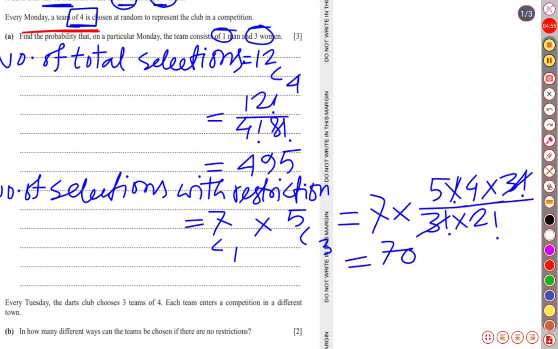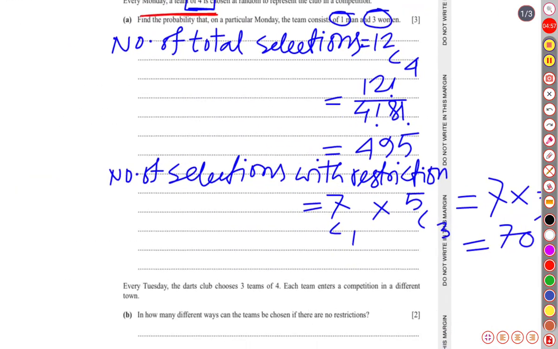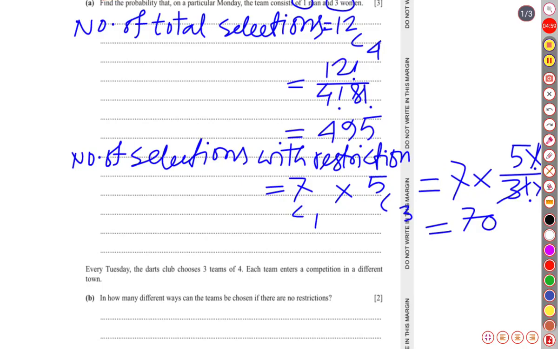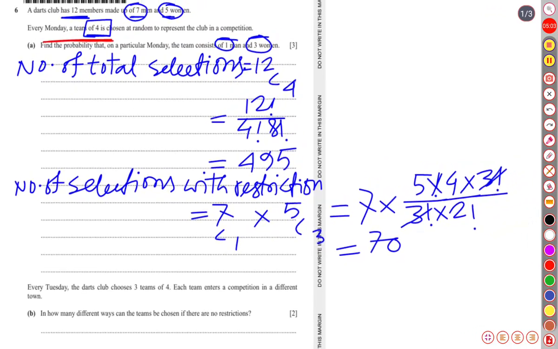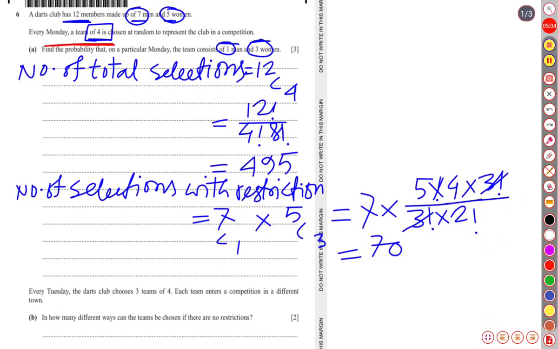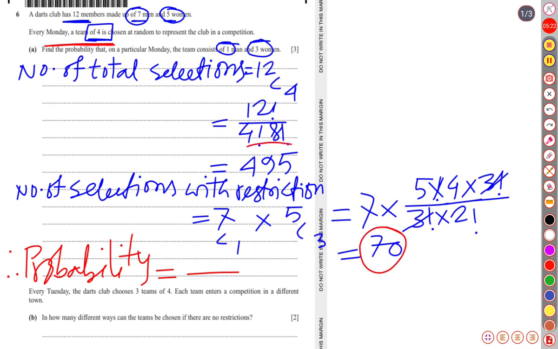So let us write the probability. Hence probability is equal to the number of selections with restriction divided by the number of selections without any restrictions.